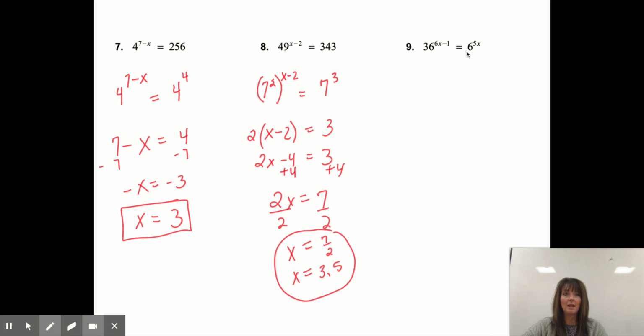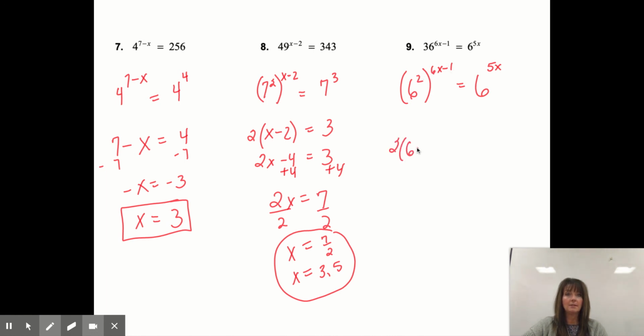Okay, I'm going to go ahead and work it out. We have a base of 6, and we know that 36 has 2 factors of 6, which means that we could take 6 squared, which is equal to 36, and that's that 6x minus 1 is equal to 6 to the 5x. All right, so that's going to be 2 times this 6x.